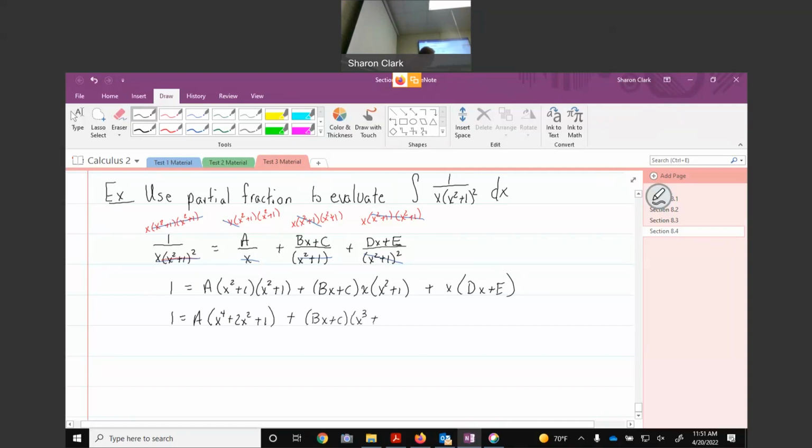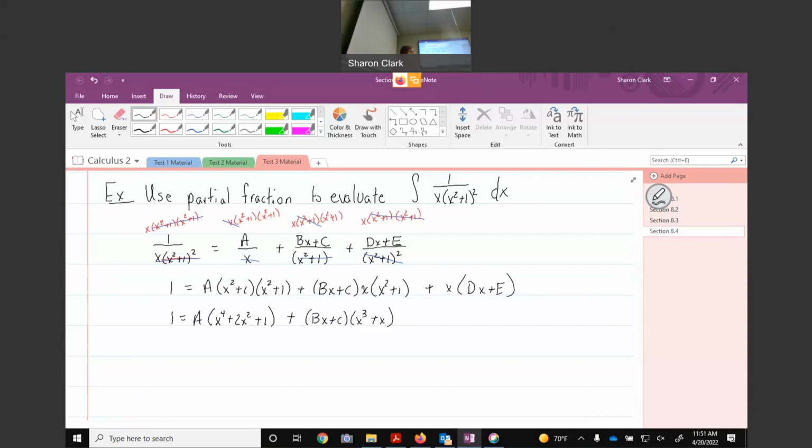No, I just multiplied the x squared plus 1 times the x squared plus 1. I like to hold anything that's a constant out in front. I hold it and do this distribution, then FOIL. You could have said A times x squared plus A times 1 and then FOIL that.